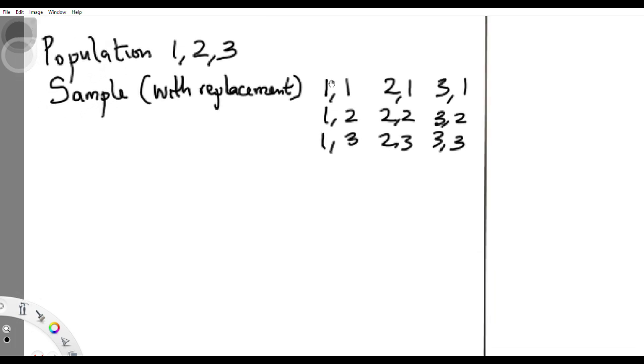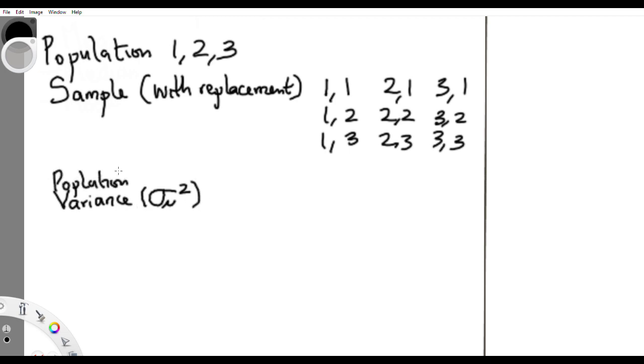Now let's get the population variance, and this is the notation. Remember variance is sigma squared, so all you need to do is put a mu underneath to tell that this is the population variance.